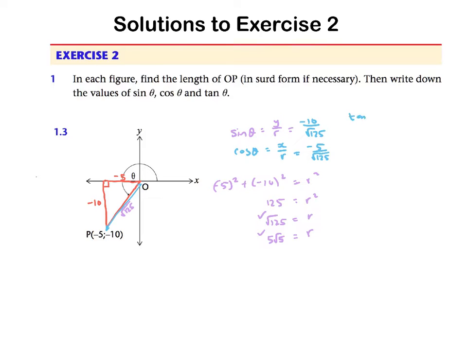And then tan theta is equal to y over x, so y is negative 10, x is negative 5, so tan theta is going to equal positive 2. So tan has the only positive ratio there, sine and cos are negative.